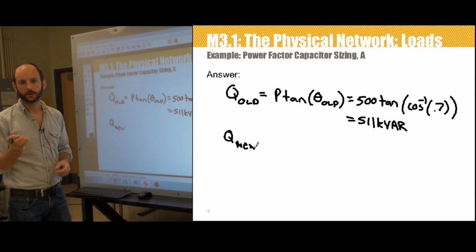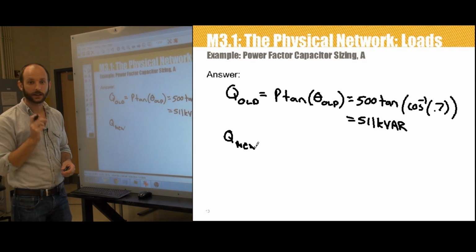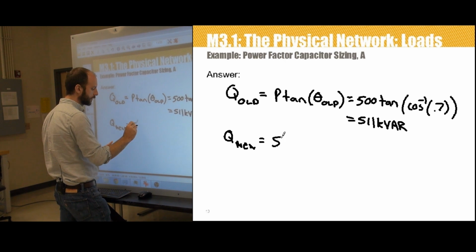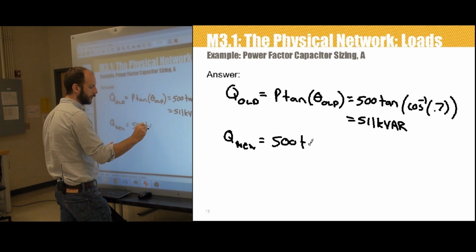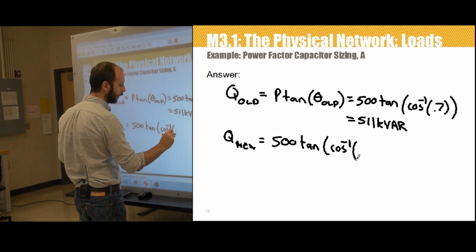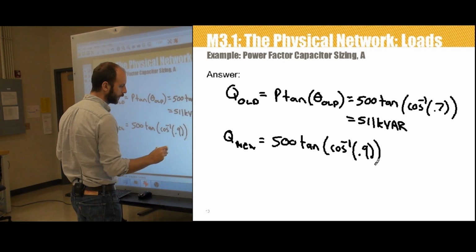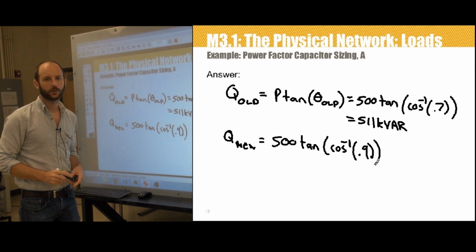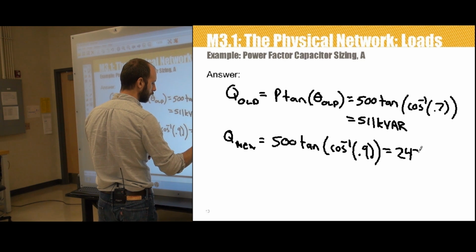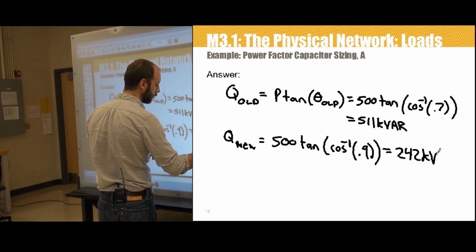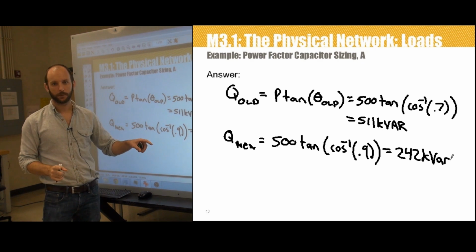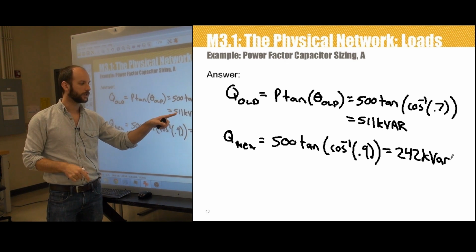We can also determine the new reactive power required, Q new. We said we're going to compensate to 0.9 lagging. The real power stays unchanged, so that's 500 tan of inverse cosine of 0.9. That means we're going to have a reduction down to 242 kilovar. So the reactive power supplied by the capacitor is just the difference between these two.